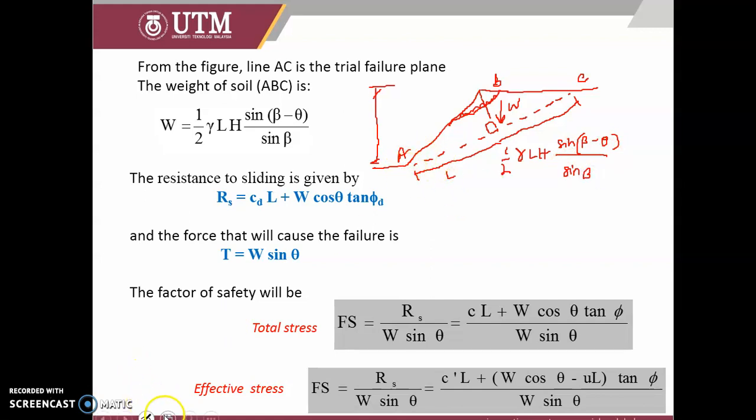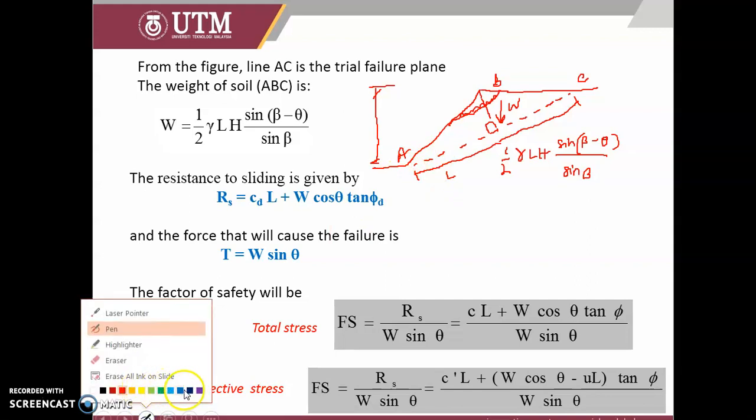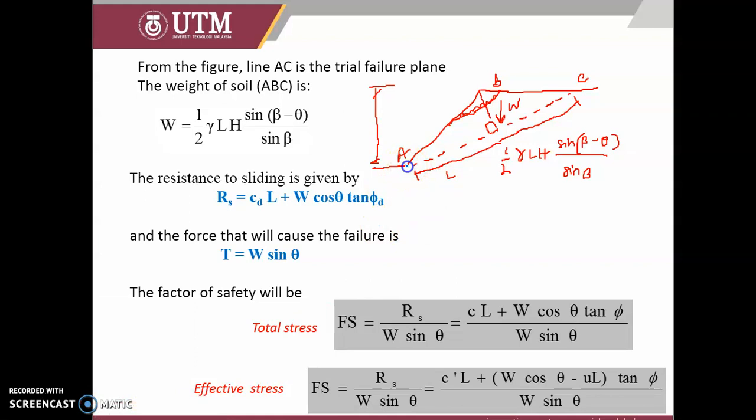If you still remember, beta and theta are angles. One is the angle of the embankment, beta. The other is the angle of the slope of the failure line. The resisting force Rs, which is very important, is the cohesion of the soil times the length, plus the weight times cos theta times tangent phi of the internal friction angle.